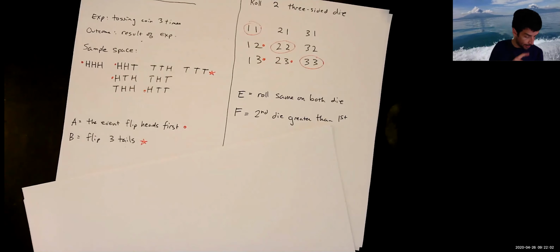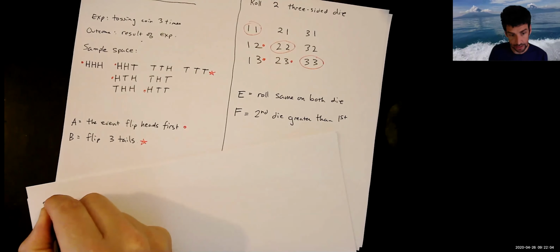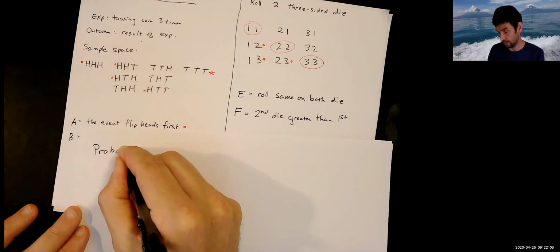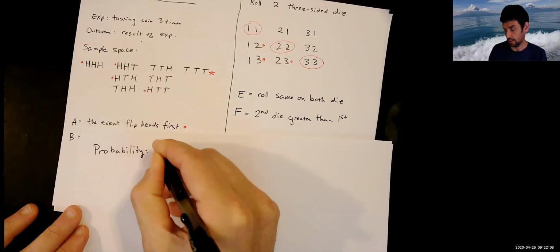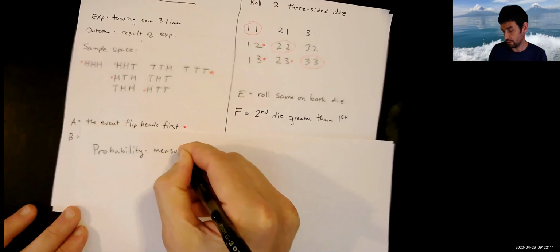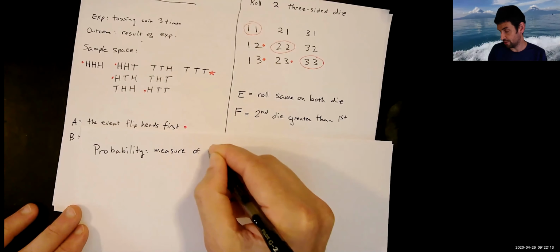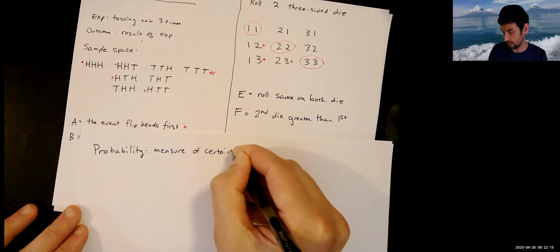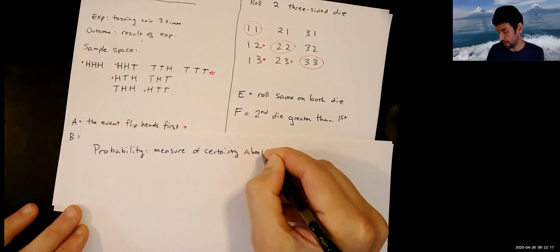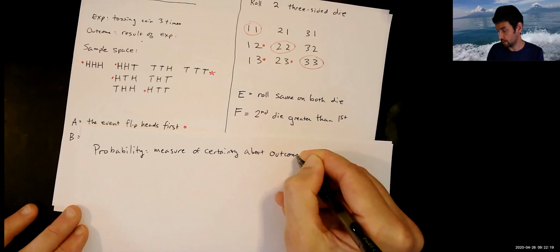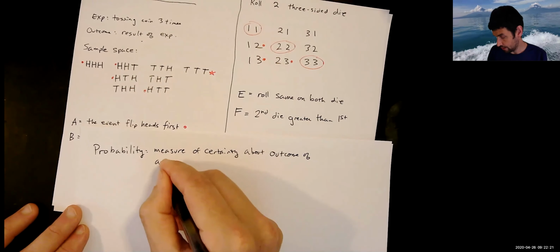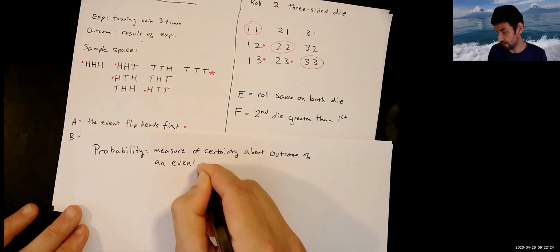So we said probability was a measure of certainty about the outcome of an event.